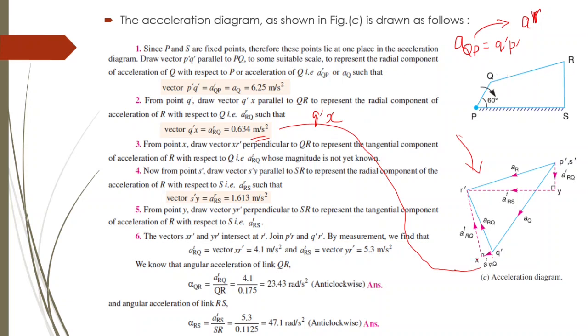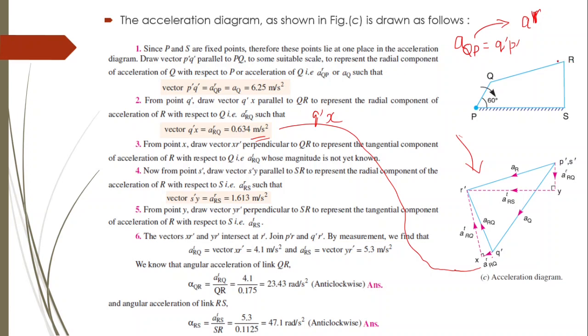Then we can fix the point X. But there may be a tangential component of acceleration. That tangential component is unknown, but the direction is known. That direction must be perpendicular to link QR.